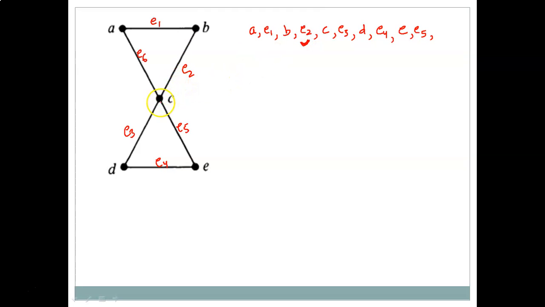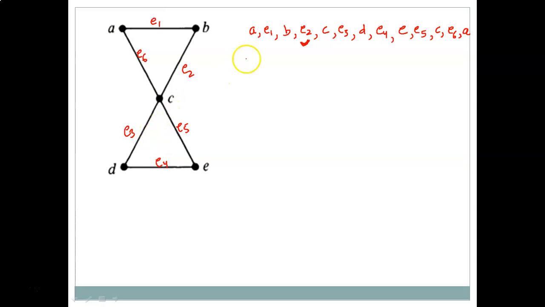So that way we shall not go back through E2, but we should go along E6. That means after arriving through E5 at the vertex C, we should move along E6 and finally we return to the same vertex A from where we have started.